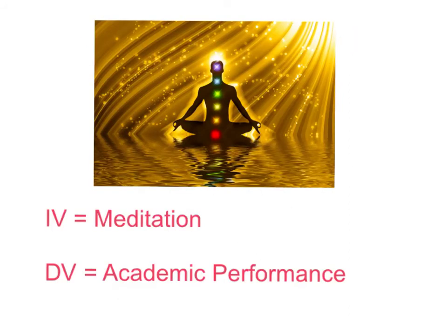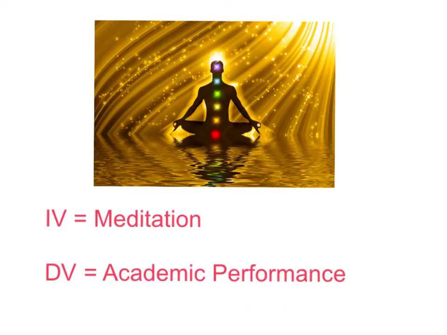Your first task then is I want you to imagine that you're going to carry out a laboratory experiment. Your independent variable is meditation, and we're going to see what effect meditation will have upon your dependent variable of academic performance. So if you had a group of participants, you may decide to do an independent measures design.